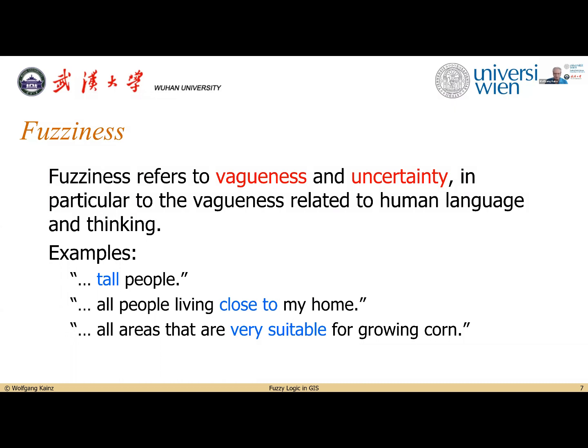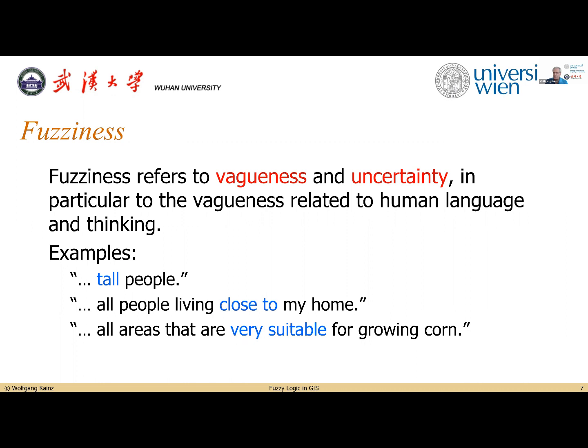Or I'm looking for my friends or people living close to my home. Close to my home is a fuzzy, a vague concept, which depends on how you define close, or areas that are very suitable for growing corn. What does suitable mean? It depends on many aspects.